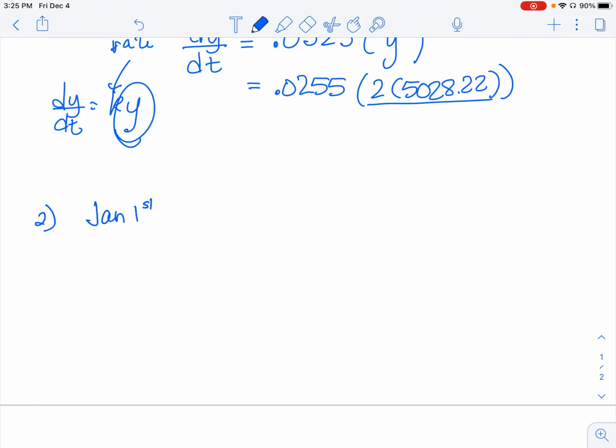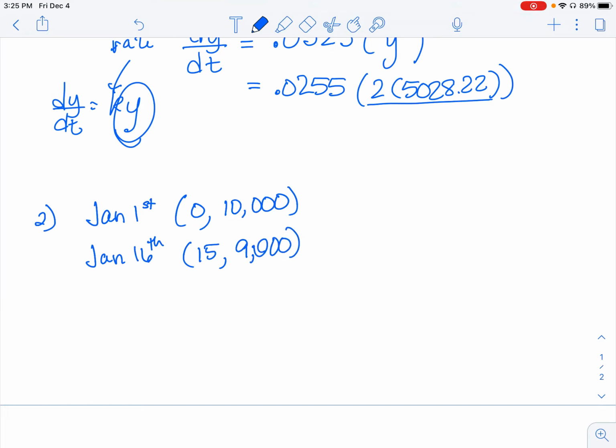Okay, for problem 2, the rare Tweety bird, when they told you that on January 1st, so that's your initial, at time t equals 0, you would have had 10,000, and then on January 16th, which is 15 days, there were 9,000. So we had some discrepancies as far as the ordered pairs are concerned. So check that and go get your k value.